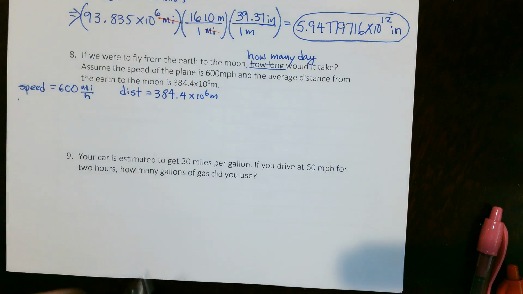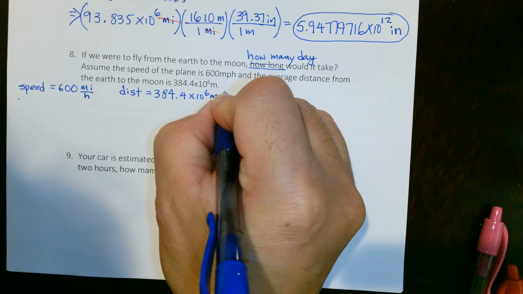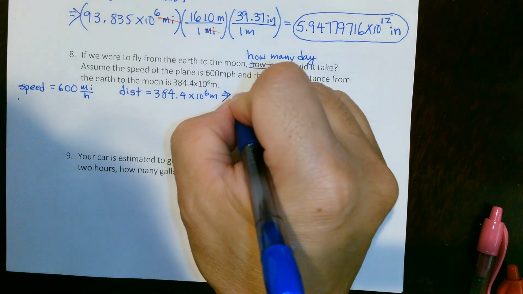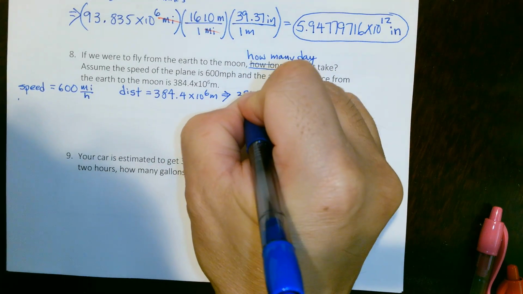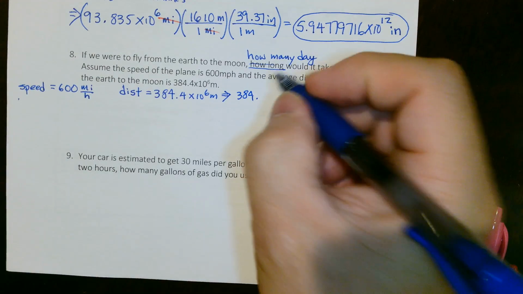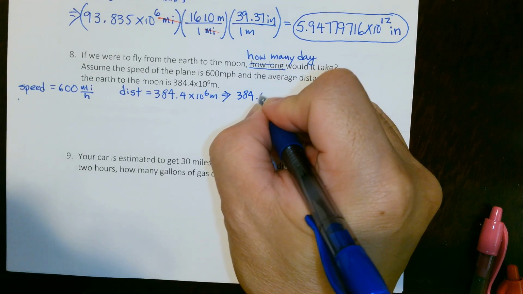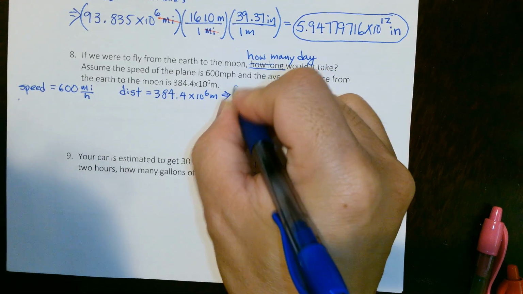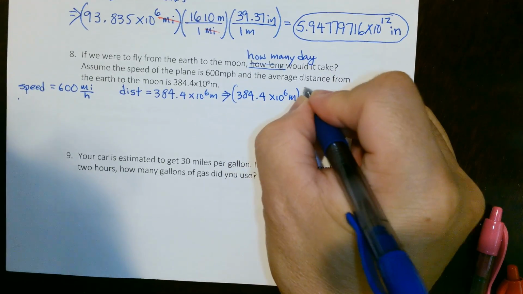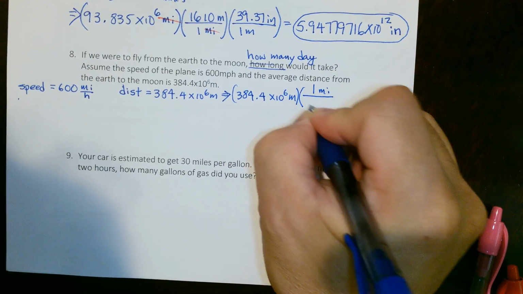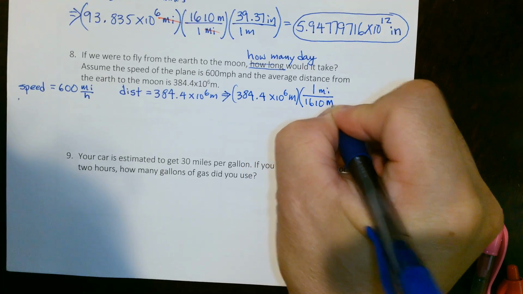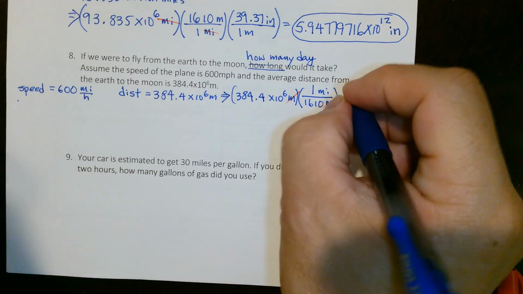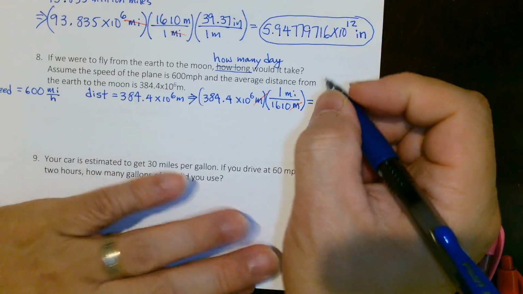We already know how to do that. If we were to convert this distance into miles, all we have to do is multiply this distance by its conversion factor, 1 mile is equal to 1610 meters. Notice how the meters will cancel out, giving us our distance in miles.